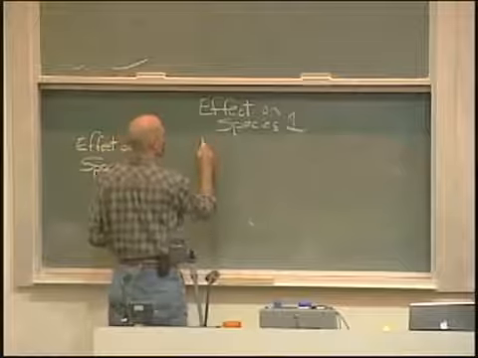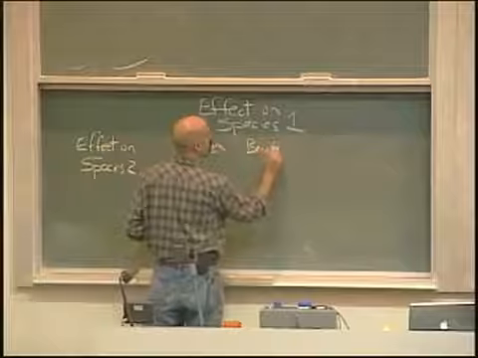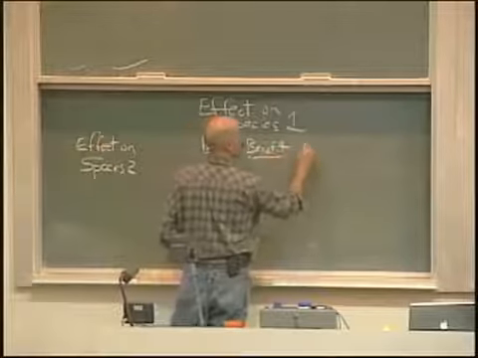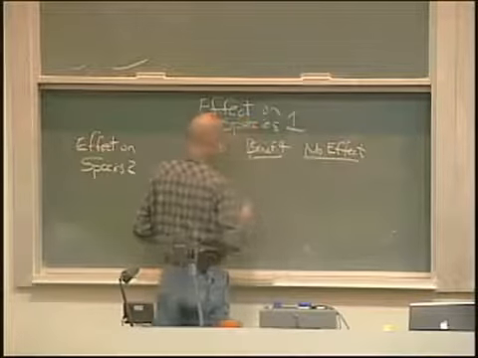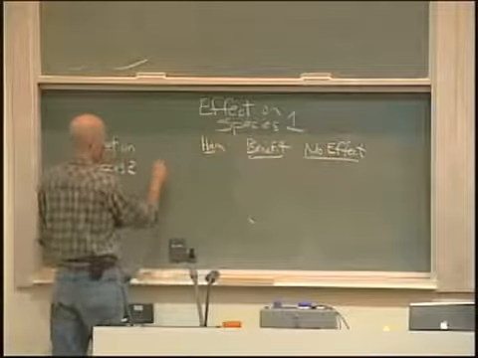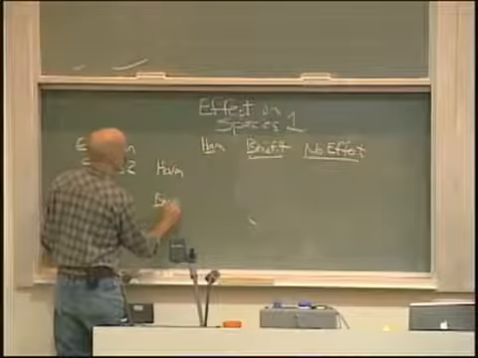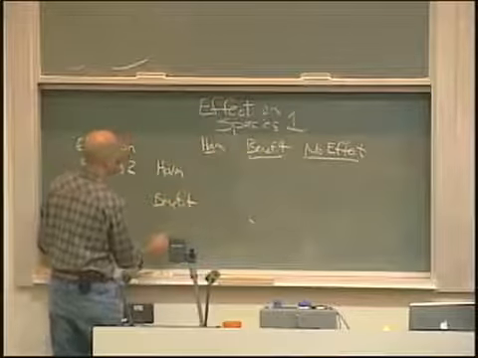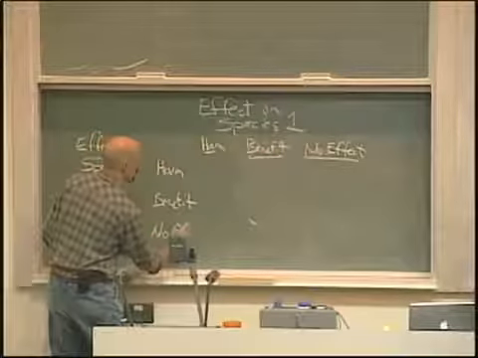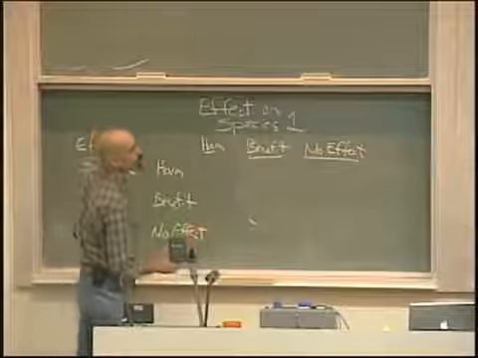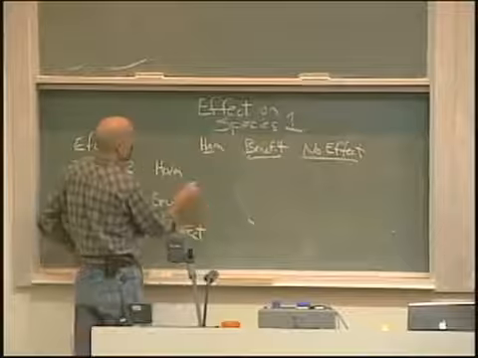So we can speak in terms of a harm, a benefit, or no effect. And the same thing for the second species. Hope everyone can read this out in TV land. Hopefully that's big enough.